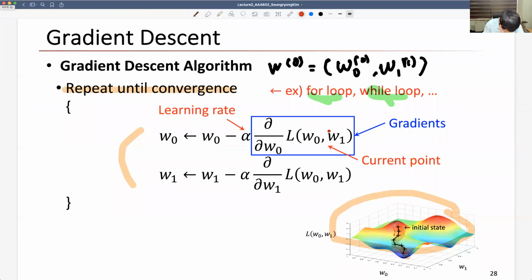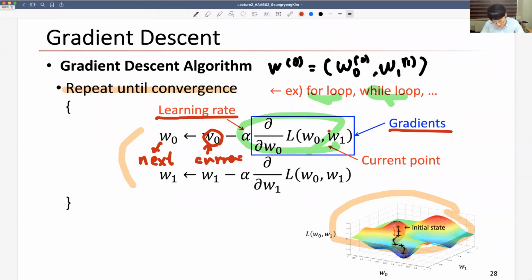And the current W0 is updated to the next W0 by using this term. This term consists of the gradient and learning rate. The gradient determines the direction of the next step, and the learning rate determines the magnitude of the movement.